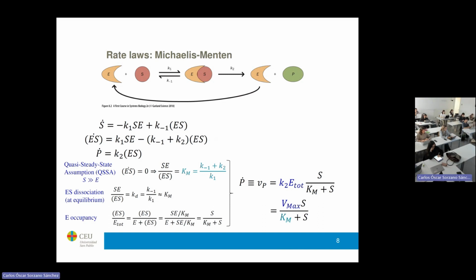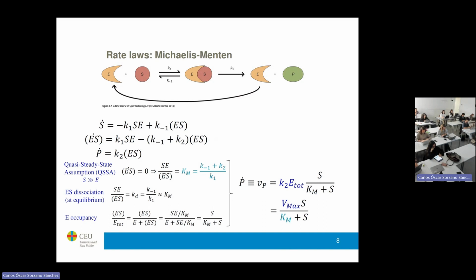And you can look at this one, it looks very much like this one, except for K2. And then we can measure the occupancy of the enzyme. So how much enzyme is bound to the substrate with respect to the total concentration of the enzyme.